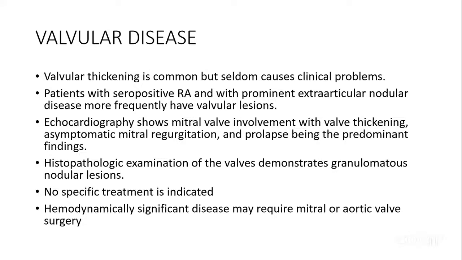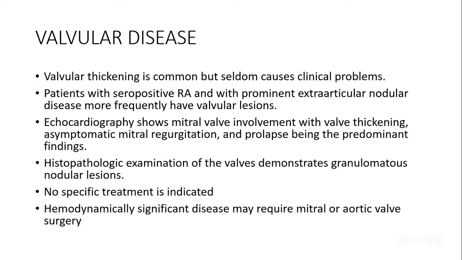Then going inward, the valves can also be involved in patients with rheumatoid arthritis. Valvular affectation is not very common, but in patients that have rheumatic nodule, inflammation too can also affect the valve, leading to thickening of the valve.